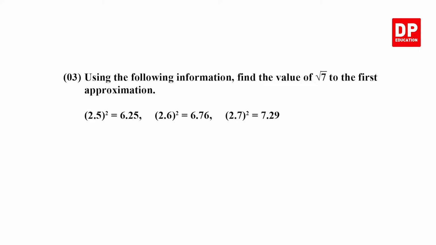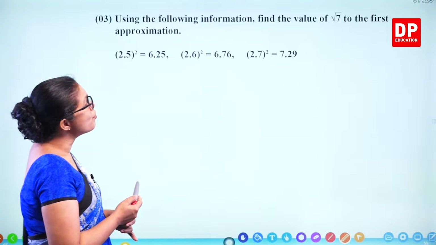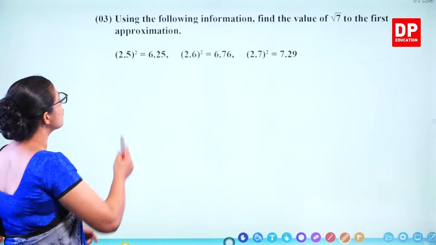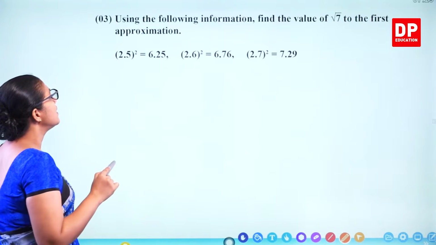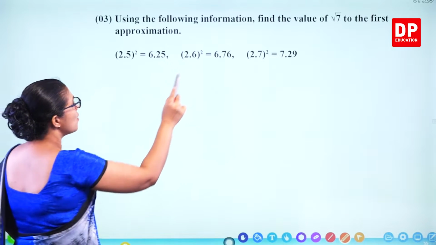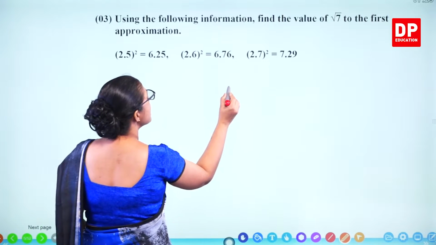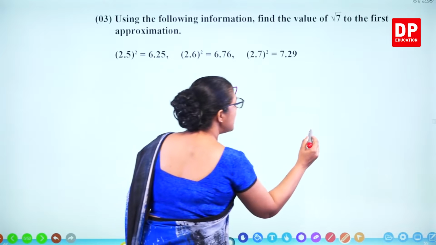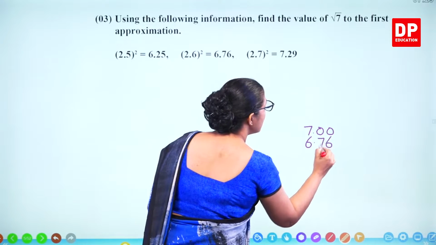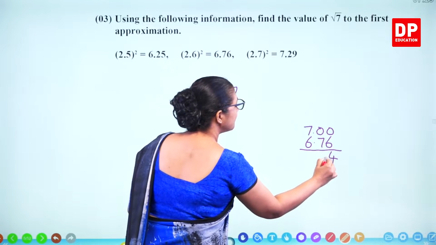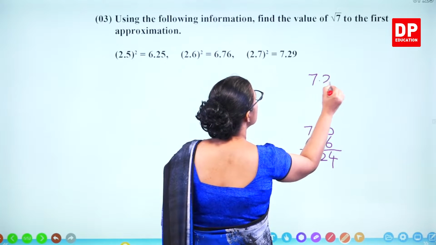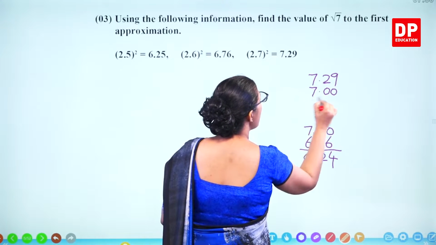Question number 3. Using the following information, find the value of root 7 to the first approximation. Square terms are given. When you take the square root of this, you get this answer. Now we have to find out which one is closer to 7. We'll take the difference between 6.76 and 7, you get 0.24. 7.29 with 7, you get 0.29.